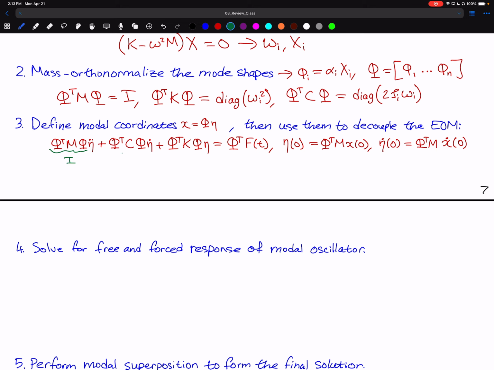The second set is going to reduce down to that diagonal matrix of 2 zeta i omega i. And then the last bunch here is going to reduce down to a diagonal matrix of omega i squared. And then lastly, we're going to get what we'll call the modal forcing, which we'll just say is a vector capital N of t.